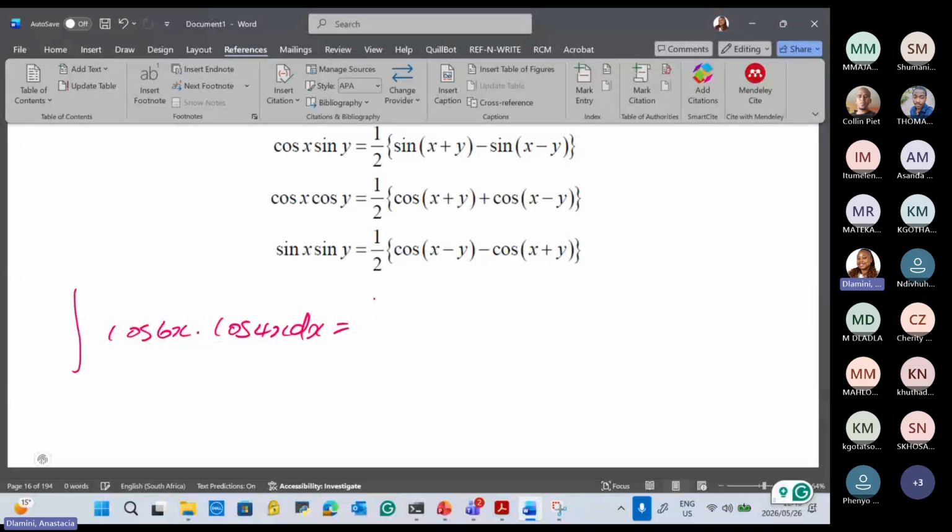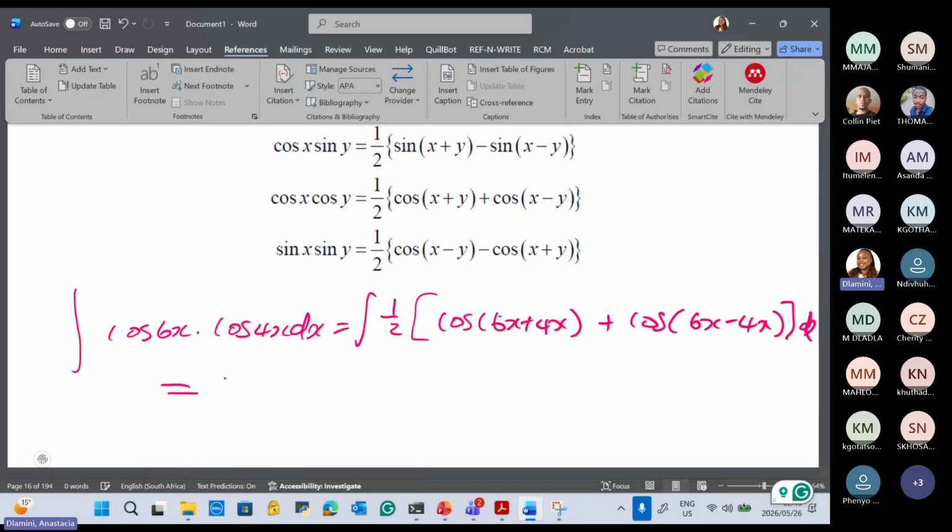This equals the integral of 1/2 times cos of 6x plus 4x plus cos of 6x minus 4x, dx.